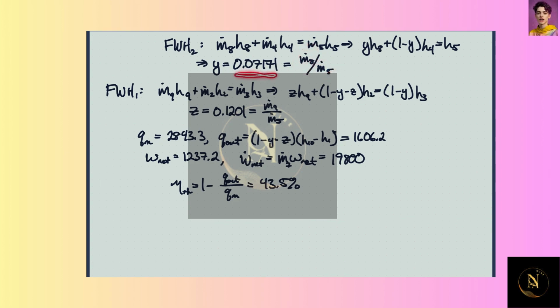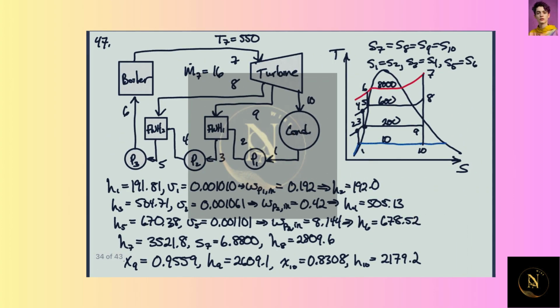So then we get y equals 0.072 roughly. So about 7.2% of the steam is extracted to go into feedwater heater 2. So here we extract some to go in there, about 7% bleed off.